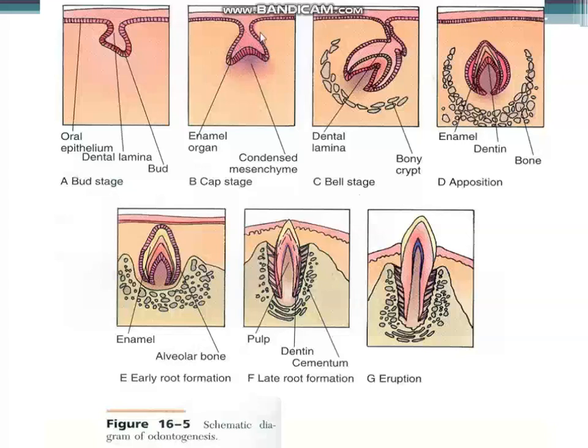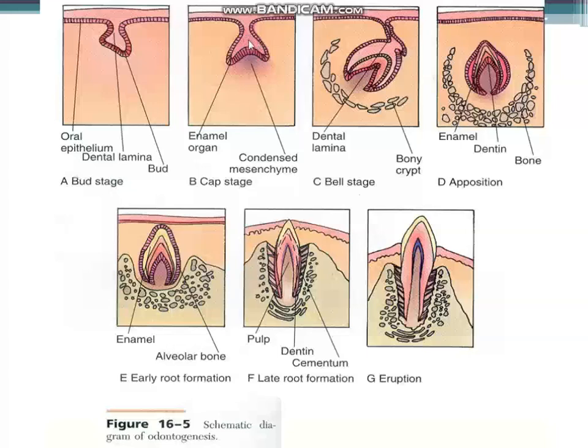The enamel organ has a shape like a cup, and that's why this stage is called the cap stage. In the cap stage, if we look at the structure of the enamel organ, we can distinguish the concave side, called the inner enamel epithelium, and the convex side, the outer enamel epithelium.